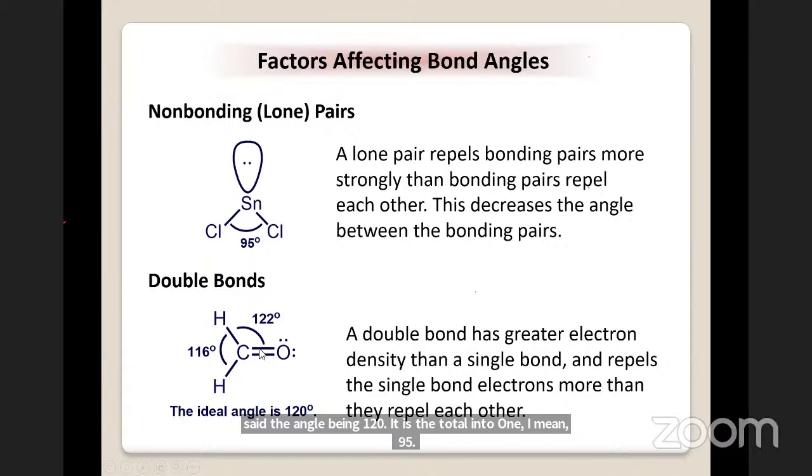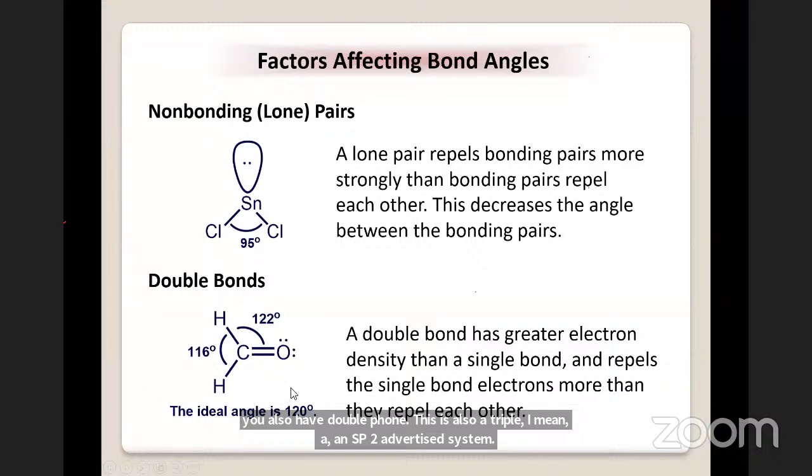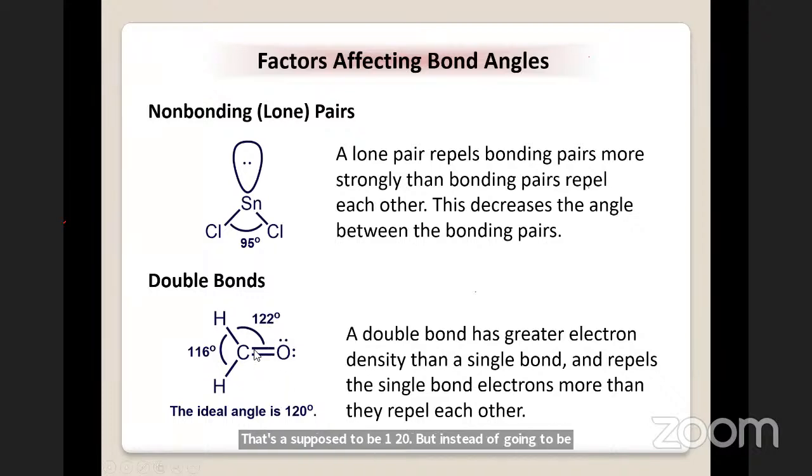Then if you also have a double bond, an sp2 hybridized system is supposed to be 120. But instead of it being 120, this double bond repels this. So this becomes 122. This one repels this. So you have an additional 2 here, an additional 2 here.